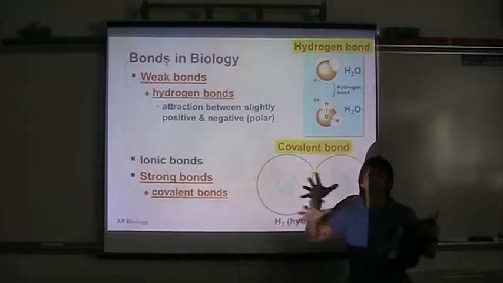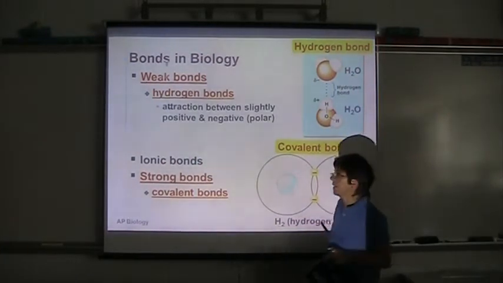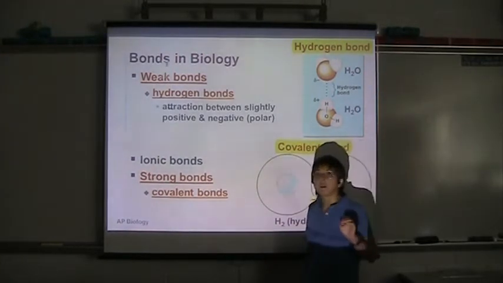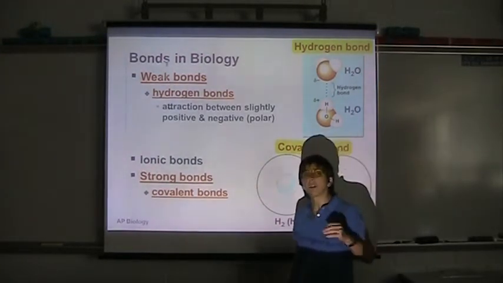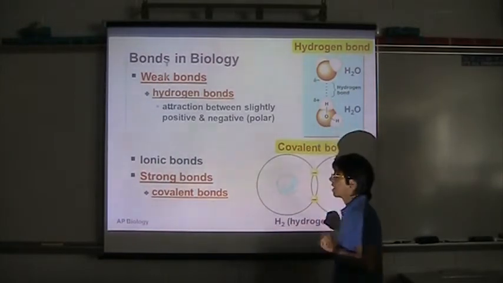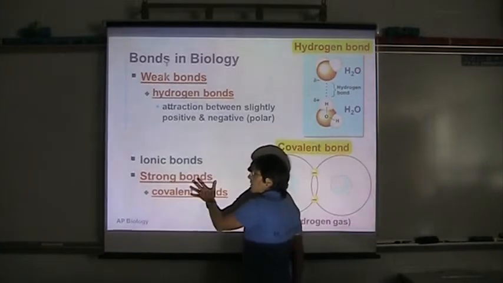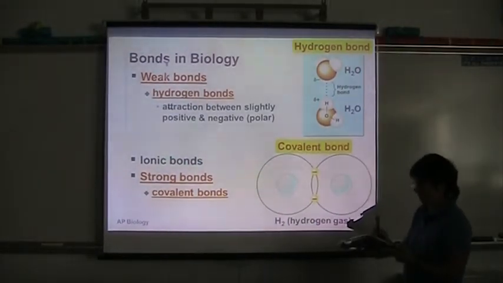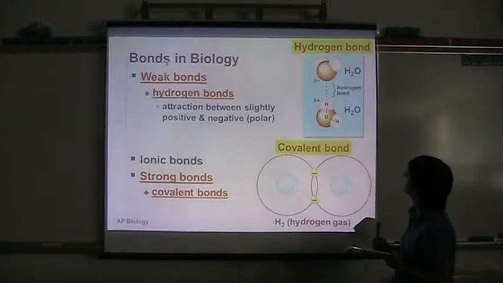Sodium and chloride separate with very little work. So, please remember, in wet biology, because we are all dealing in wet solutions, everything is dissolved here, the strongest bonds are the covalent bonds where you share the electrons between molecules or atoms.